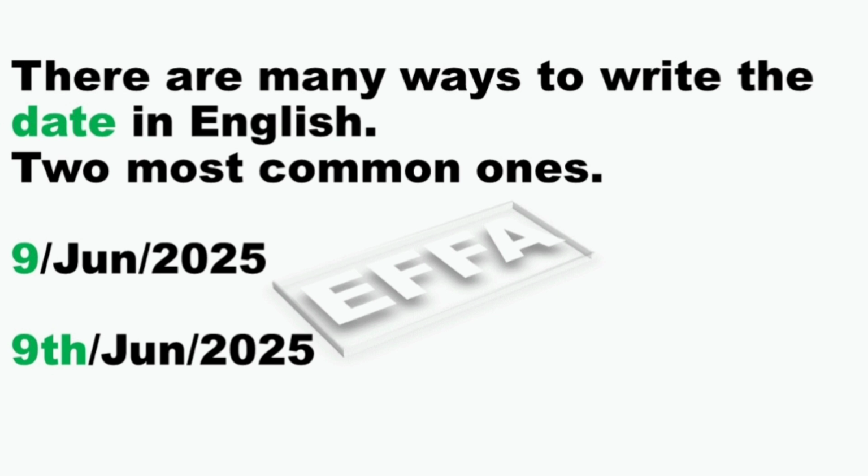Or we can write 9th June 2025. You see, my friends, in the first example we use cardinal numbers, and in the second we used ordinal numbers. This means we can write this using both types of numbers. But when speaking, we must use ordinal numbers only.